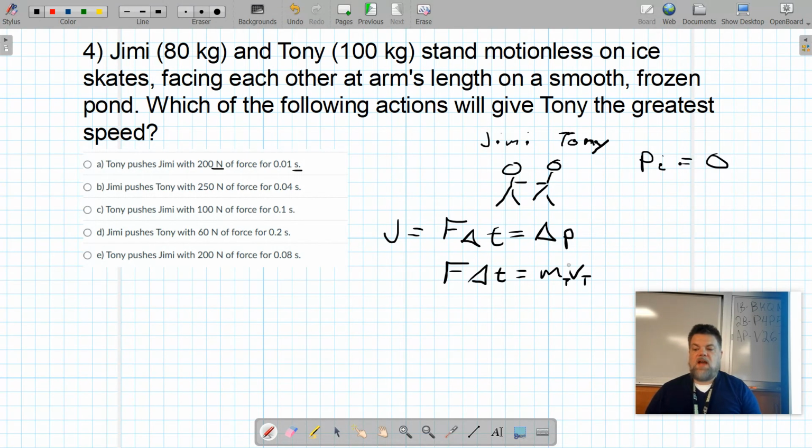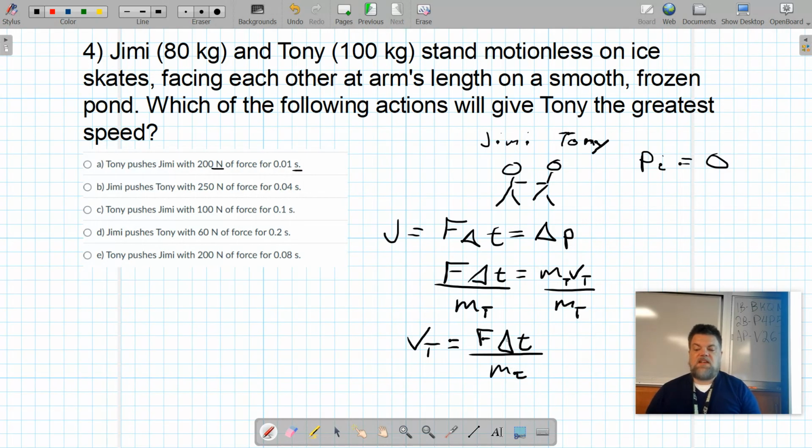So what they really want is to find v, so I'm going to divide both sides by m_T. And so then I get that Tony's final velocity is equal to F delta t over his mass.